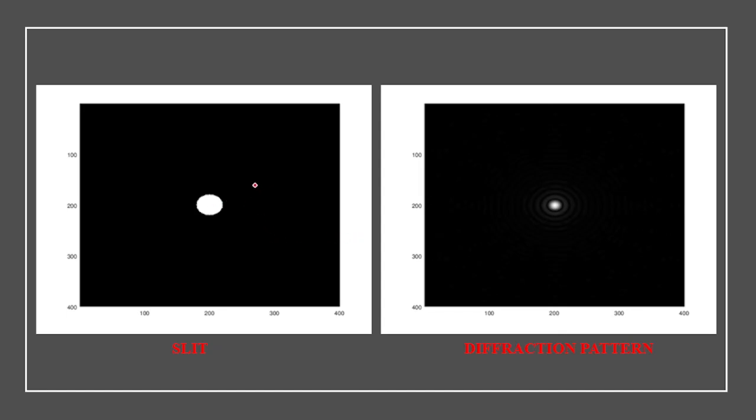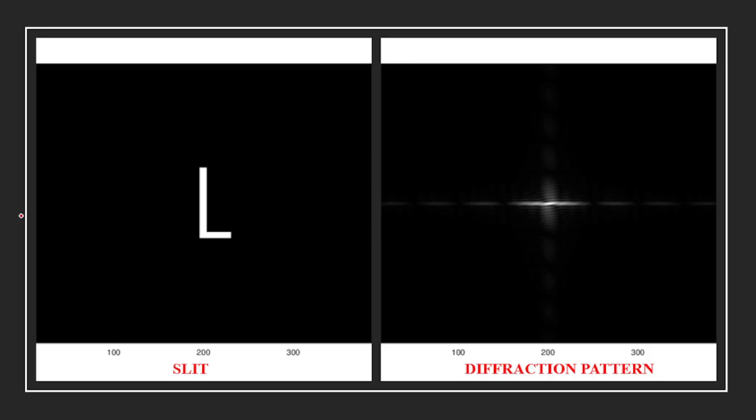Using this idea we can solve this problem, and I have already drawn the different diffraction patterns associated with the different shapes given in the question. In the options we have L shape, Z shape, plus shape, and S shape.